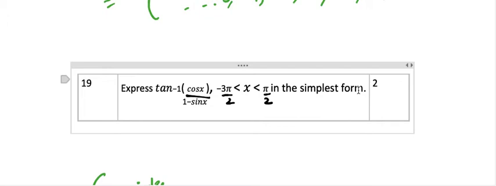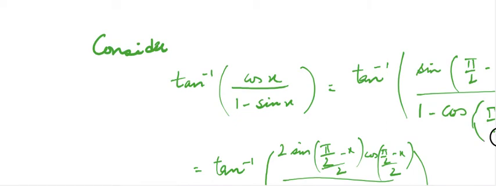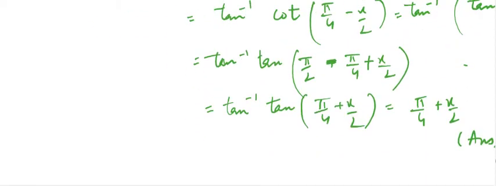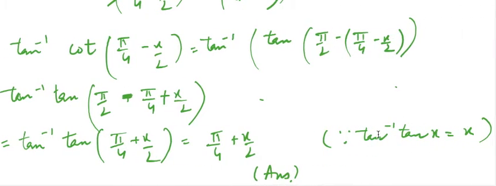Tan inverse के आगे tan आएगा, then only you will be able to use tan inverse tan x is equal to x. We have this result which we will use in the last step, that tan inverse tan x is equal to x.